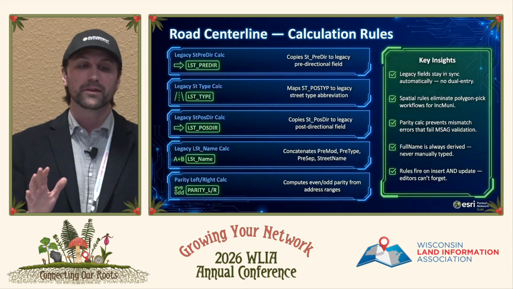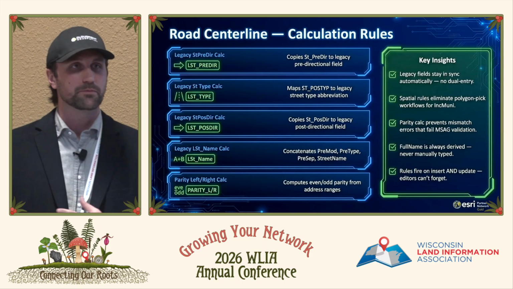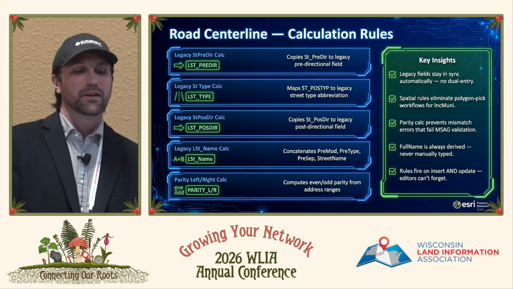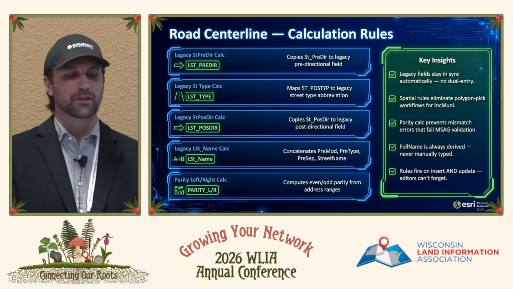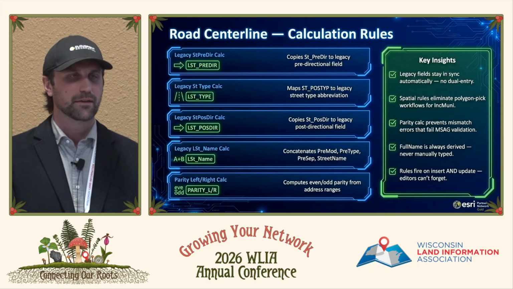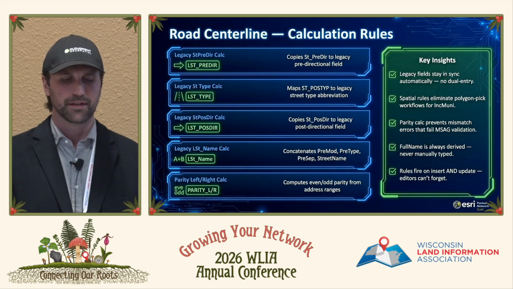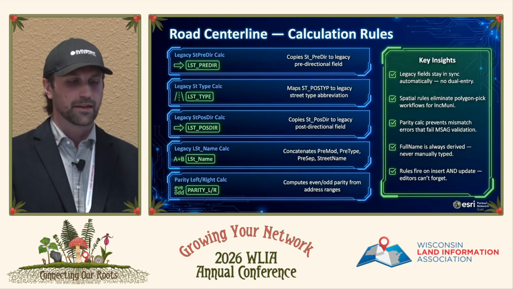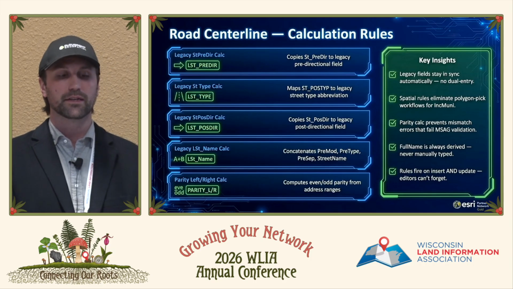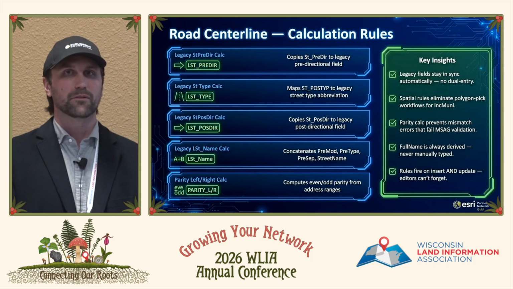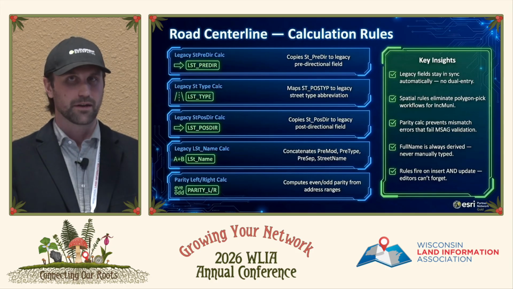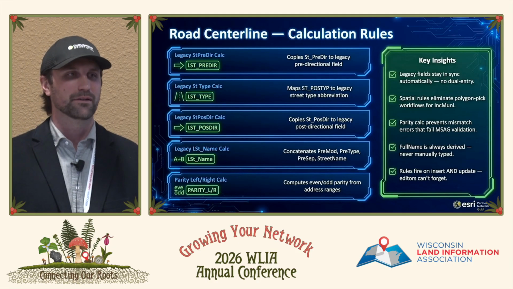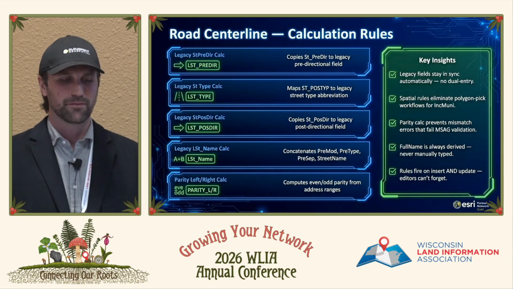Okay, so we're going to break down road center lines and address points. These are the main data sets that I work with. So here are just a few examples of the common rules that we would see, and I'll show you some of these in the demo. Like I said before, we have a legacy street predirection field, and that is essentially copying or reading the value in our NG911 field and then populating with the domain of the legacy field.